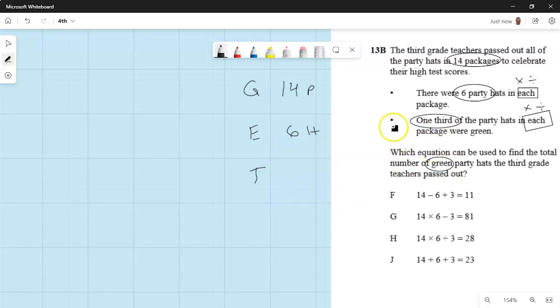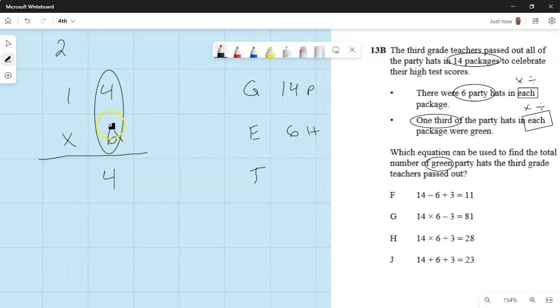Okay, so whenever I'm trying to find out the total and I'm talking about equal size groups, that sounds like a multiplication problem. So that multiplication problem is going to be 14 times 6. Using the standard algorithm, whenever I do that, I'm going to multiply the ones place by the ones place. 6 times 4 is 24, so that's 2 tens and 4 ones.